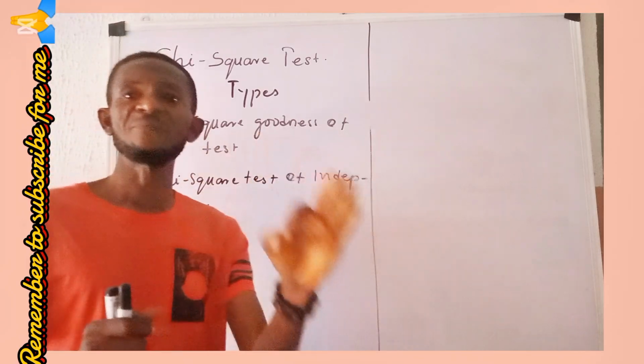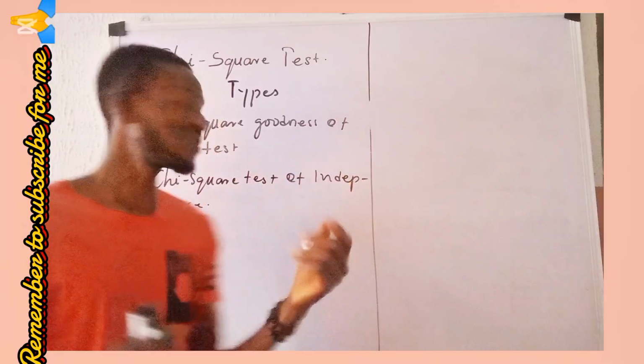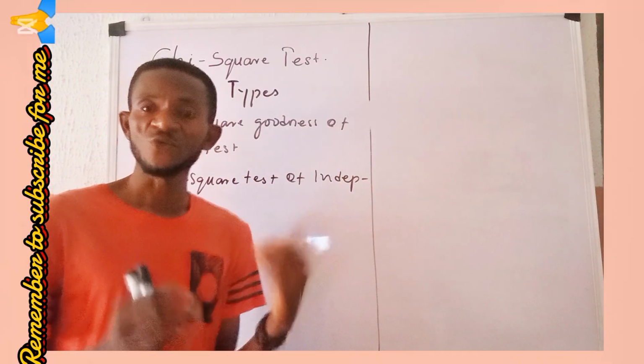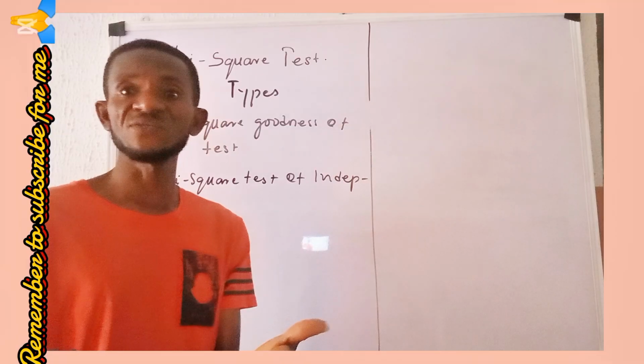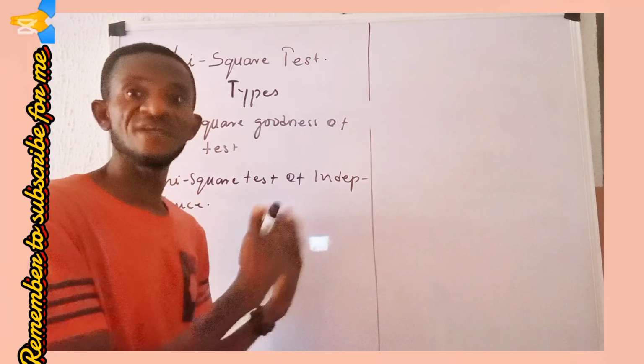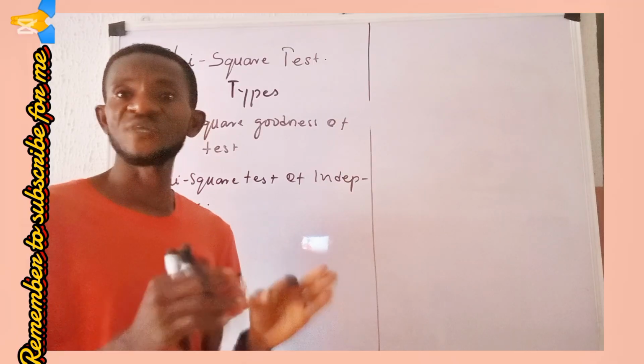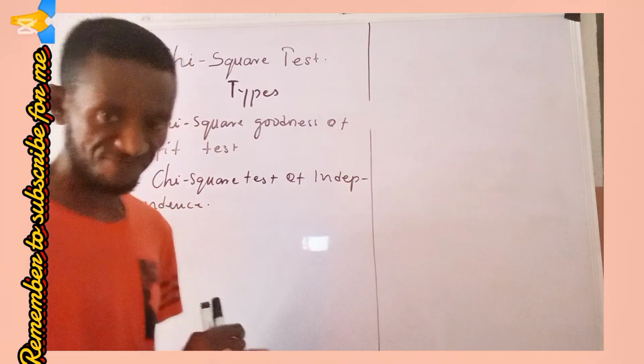And when is it appropriate for us to resort to using the chi-square test of independence? By way of answering these questions, we are going to explain the chi-square goodness of fit test and equally explain the chi-square test of independence.